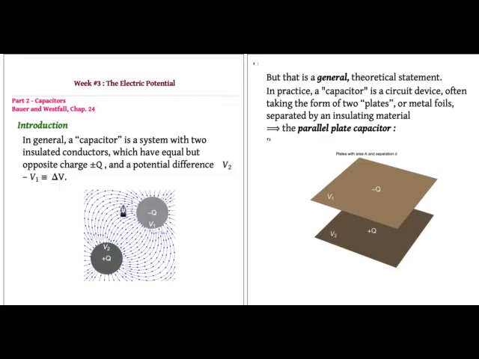So here's an example, just two spheres with equal but opposite charges, plus Q and minus Q. You know there'll be an electric field filling the space around these two spheres. Now, these are conductors. And in electrostatics, the electric field inside a conductor is zero.